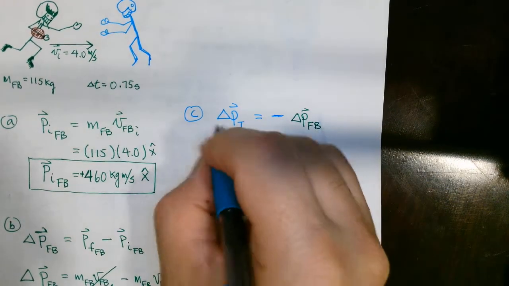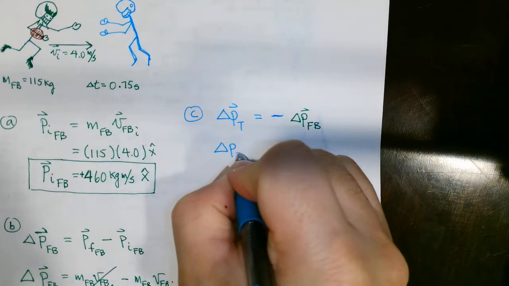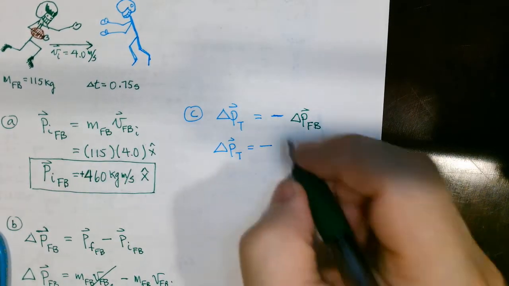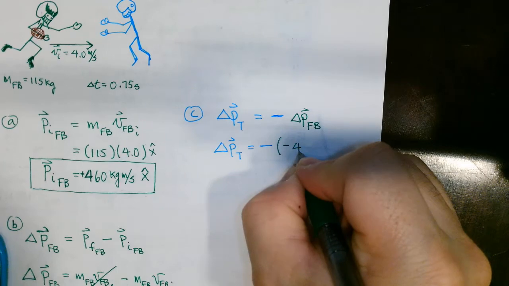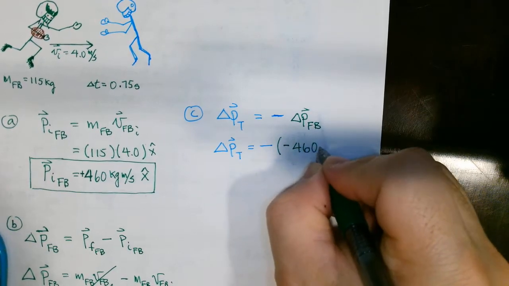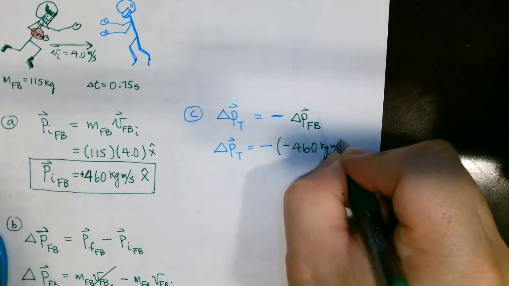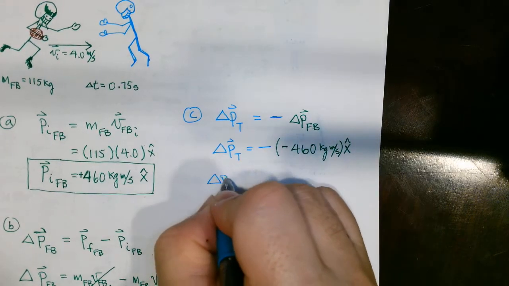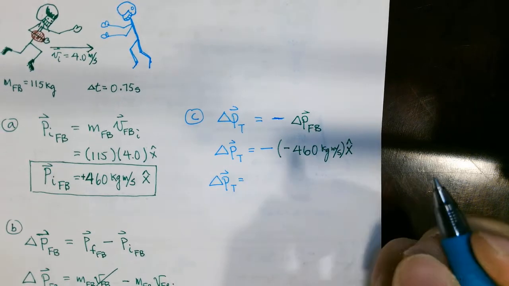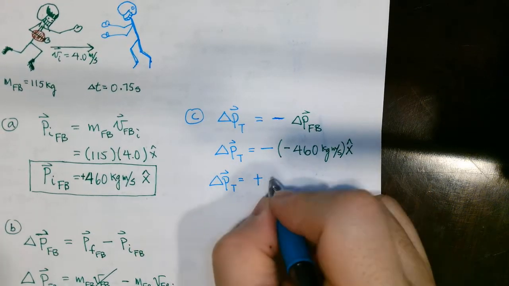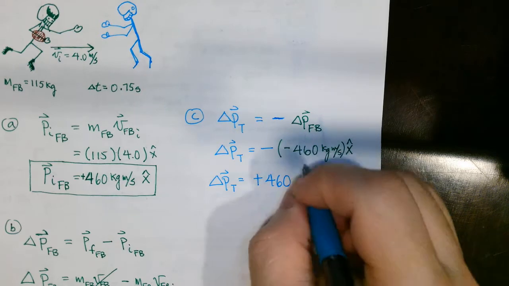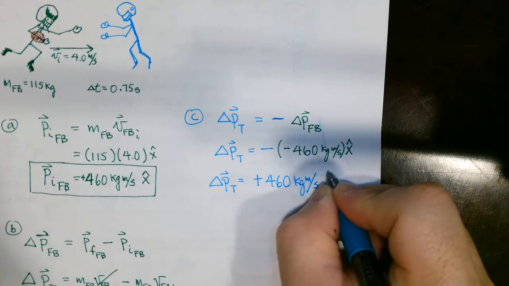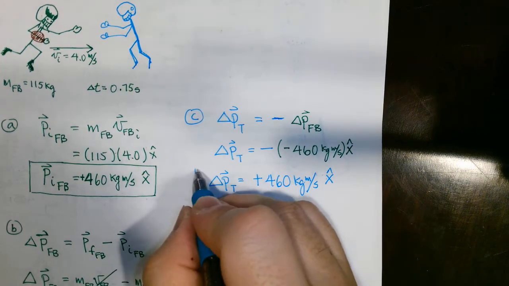Therefore, the change in momentum for the tackler is equal to the negative of negative 460 kilograms meters per second x hat. Therefore, the change in momentum for the tackler is positive 460 kilograms meters per second x hat.